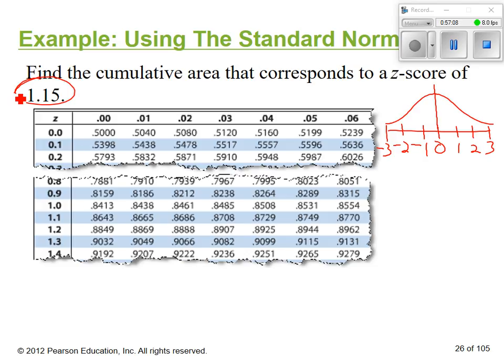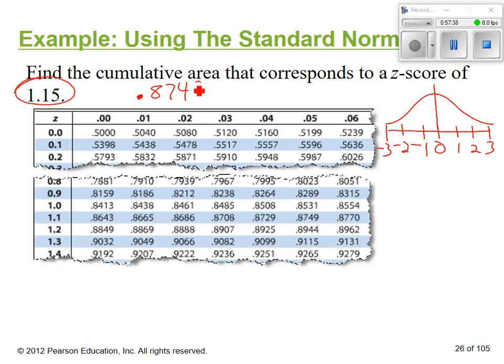So we want 1.1, and then we go up here to the 0.05. We match those two up, and what does it tell you? 0.8749.